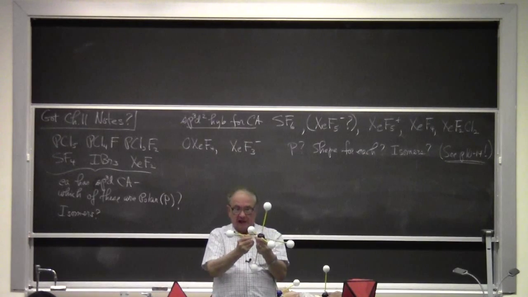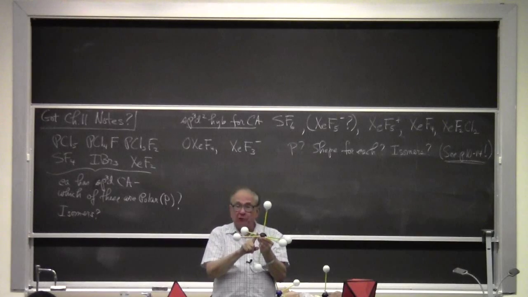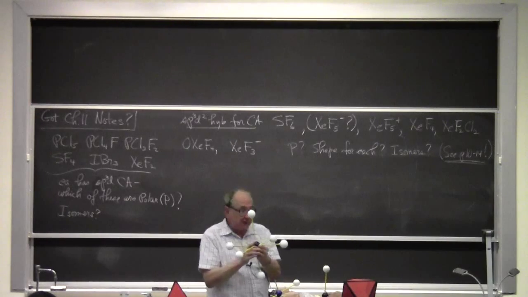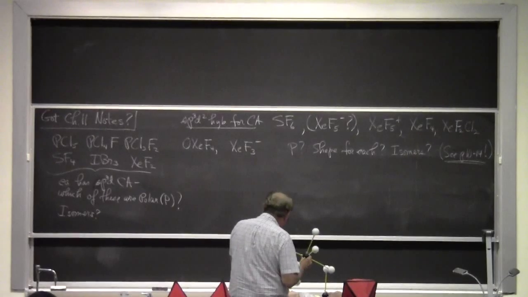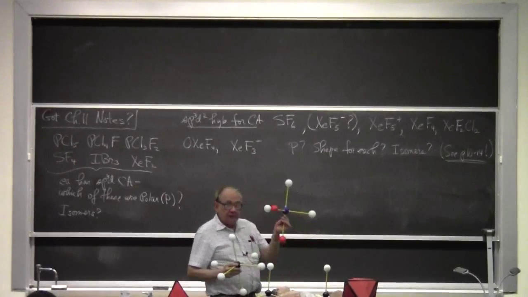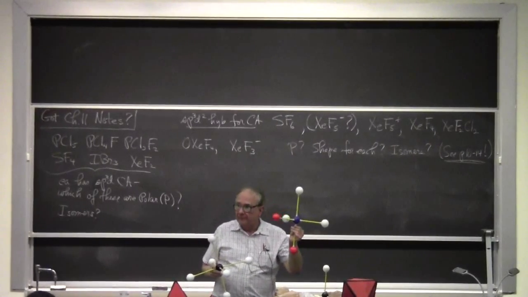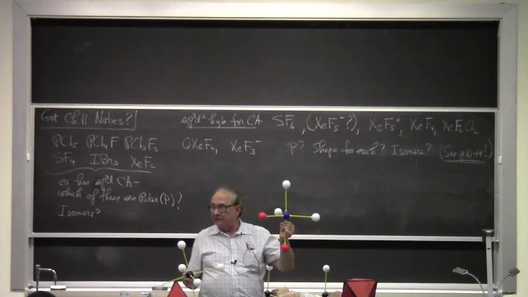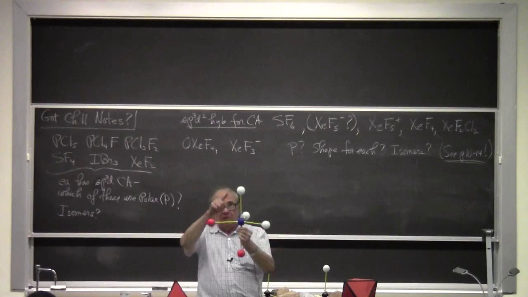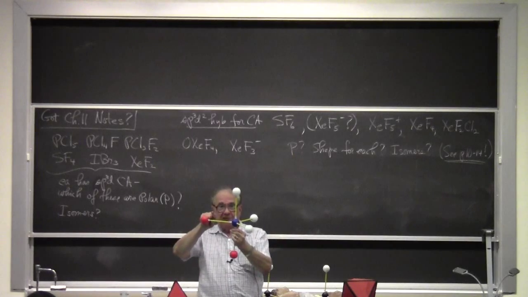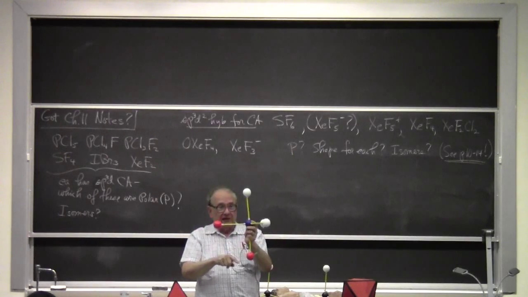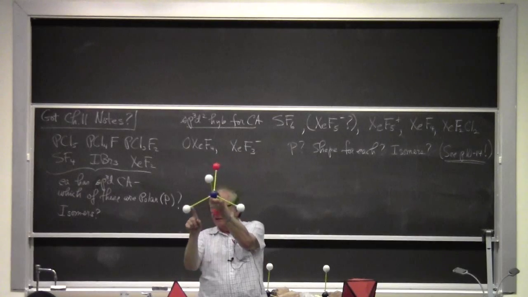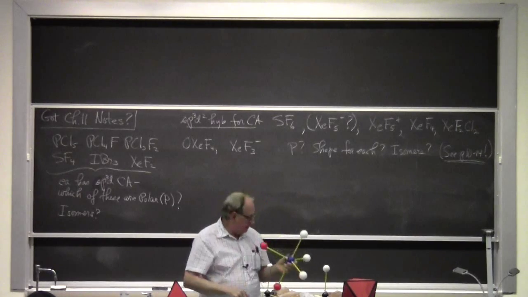Now, this is a much more regular, a much more symmetrical geometric shape than a trigonal bipyramid. You can recognize that by just counting the number of different bond angles. For the trigonal bipyramid: 1, 90 degrees, 2, 180 degrees, and 3, 120 degrees.